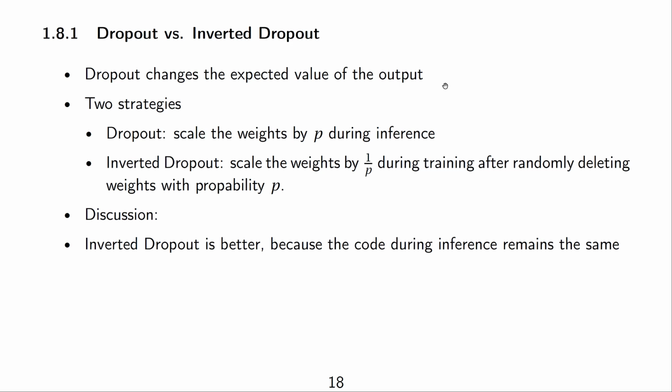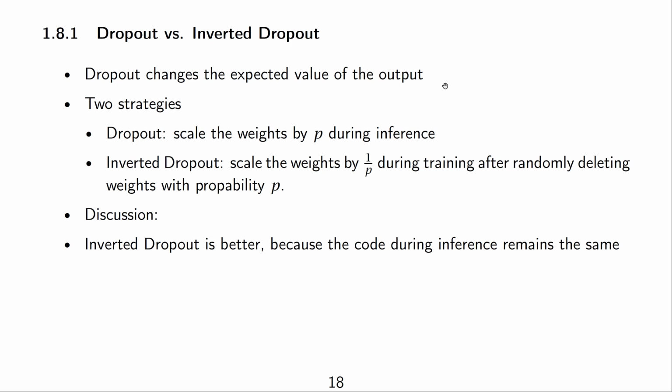All right, so dropout changes the expected value of the output. If we eliminate half of the inputs, loosely speaking, it makes sense without doing any mathematics that we expect the output to shrink by a factor of 1/2. If we eliminate 20% of the inputs, then we would expect the output to shrink by 20%.